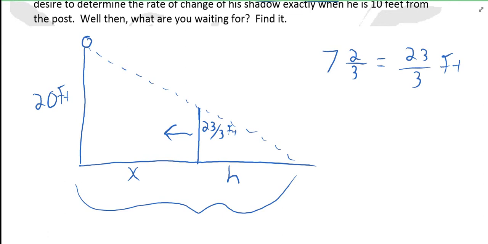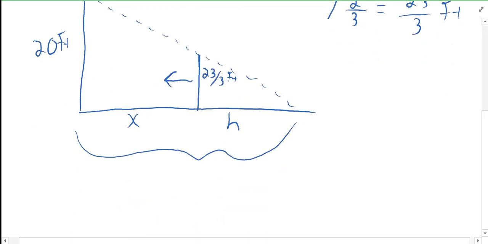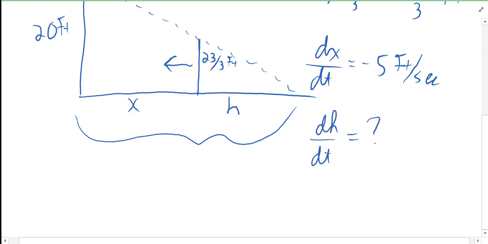That's how fast x is changing. So we know dx/dt is -5, and that's feet per second. Because we know dx/dt and we want to know how fast his shadow is changing, that's dh/dt. We just need an equation linking them together.